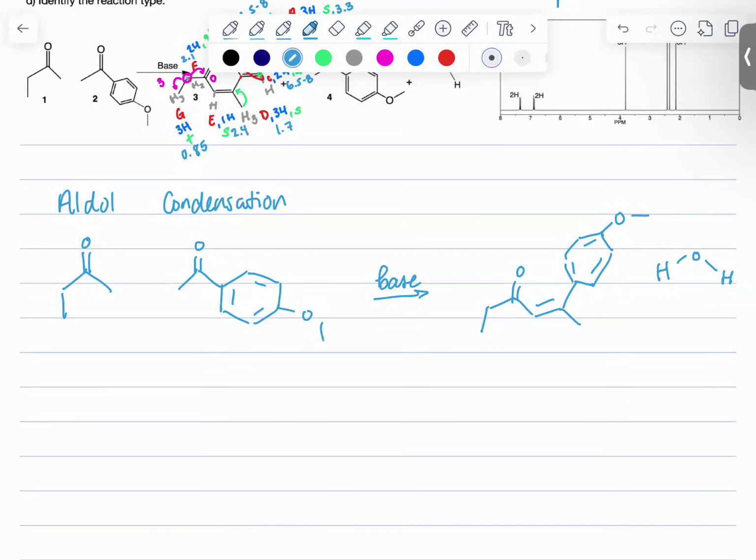What's the first step of aldol condensation or addition? Deprotonation. Do I have any protons here written that I could remove? No. I need to draw in some protons.